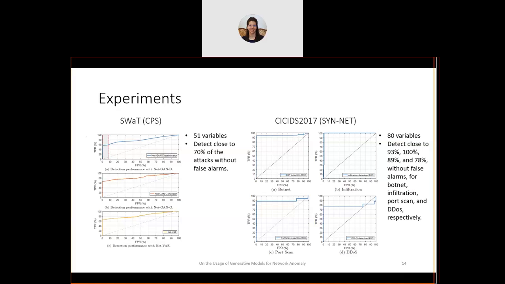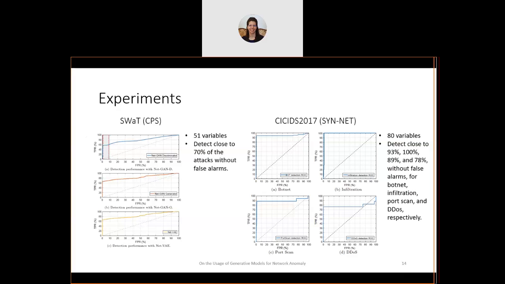For the CICIDS 2017 set, this set has 80 variables. It's bigger, and it belongs to the monitoring of computer networks. We report the detection performance of NetGAN, and we only use the discriminator here.